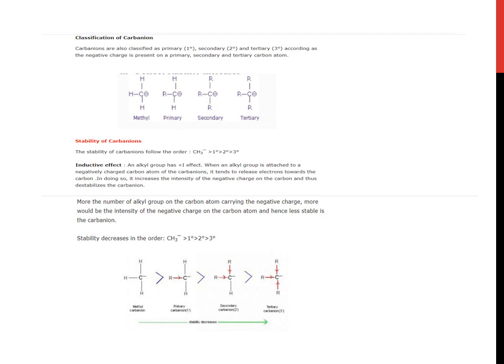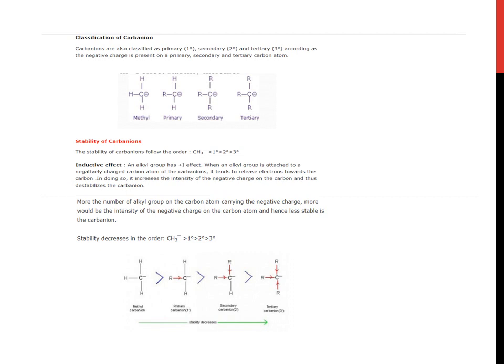Now, stability of carbanions. The stability of carbanions follows the order CH3 negative, then primary, then secondary, then tertiary. Now, inductive effect. An alkyl group has a positive inductive effect, plus I. When an alkyl group is attached to a negatively charged carbon atom of the carbanion, it tends to release electrons towards the carbon.